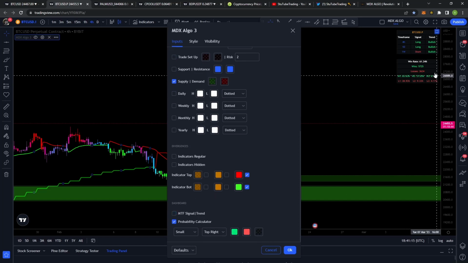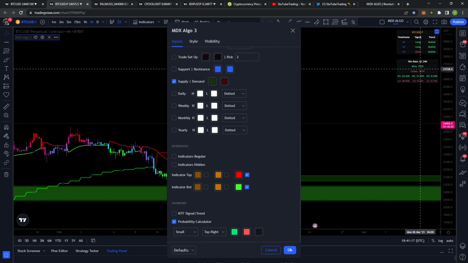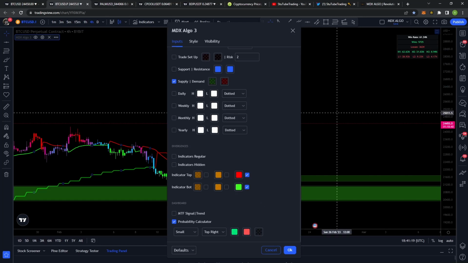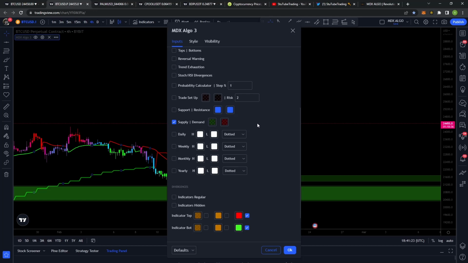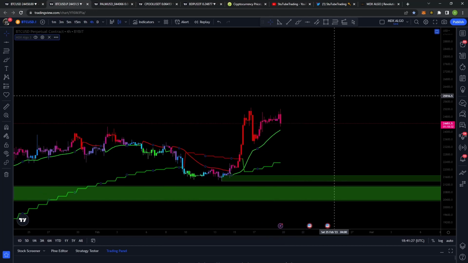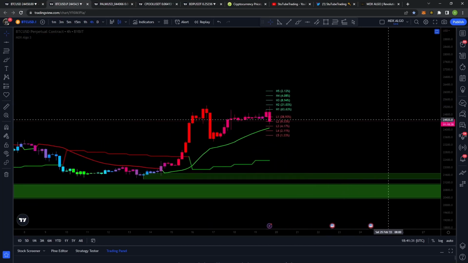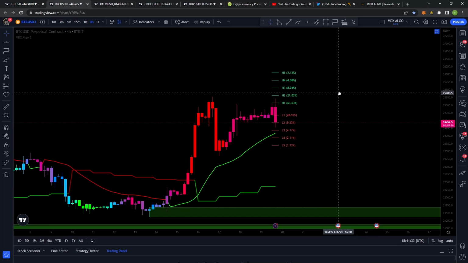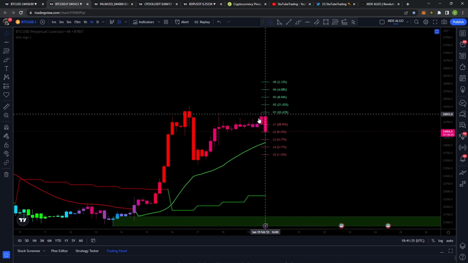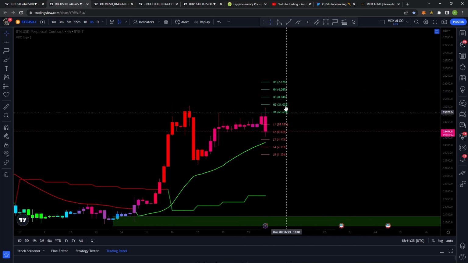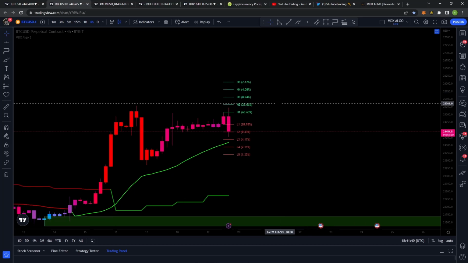And the probability calculator is basically just showing you the probabilities of the current candle in play. I'm actually going to look at it on this setting here instead. You'll see a couple numbers pop up. Basically this is showing what the probabilities are of the current candle, what levels it's going to hit, and that kind of thing.